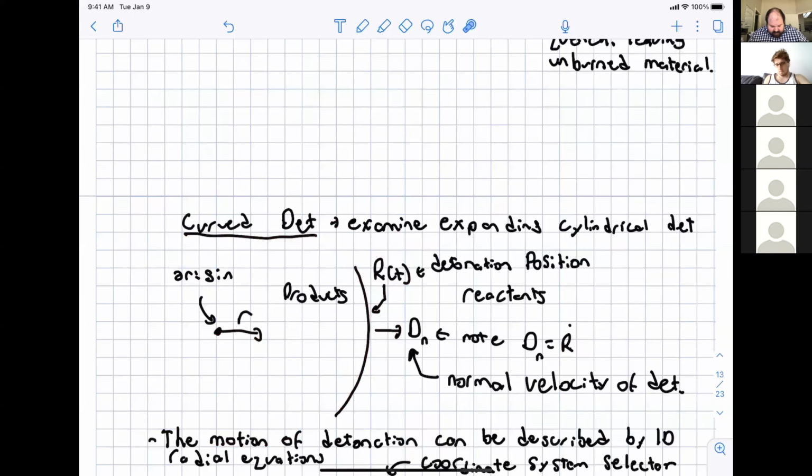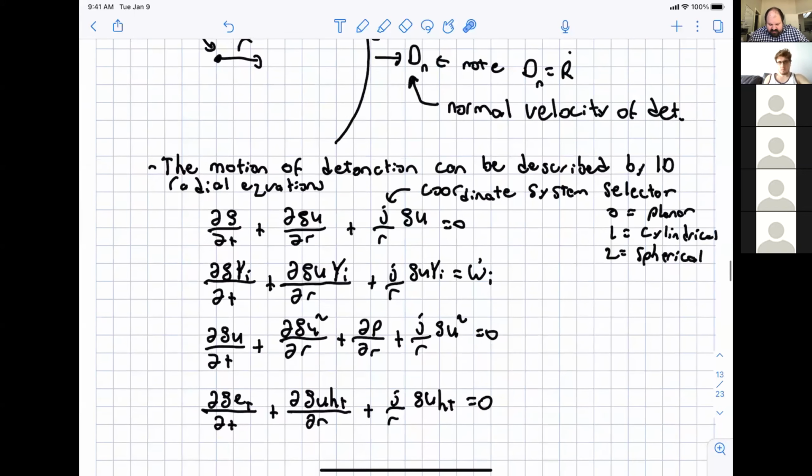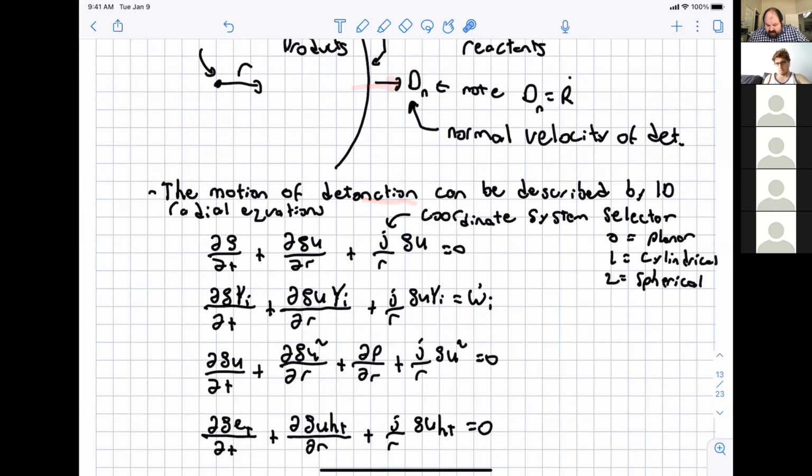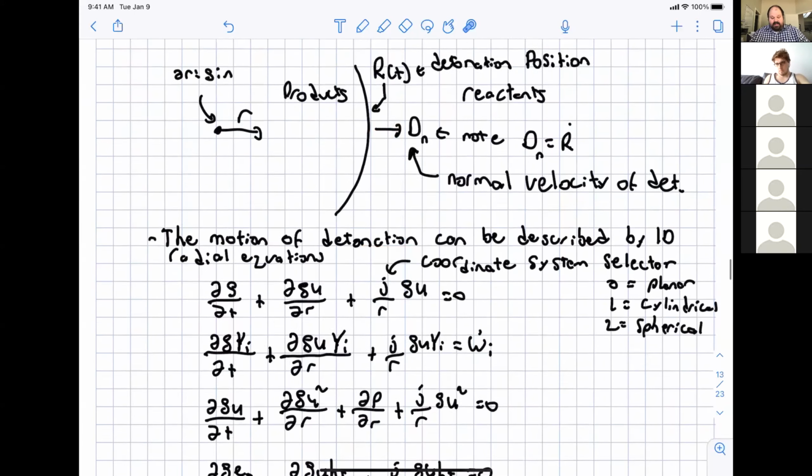Okay, so the motion of the detonation here can be described by the 1D radial equations. Here we do need to consider the time dependence, because you can't really have a steady radial flow, since there is zero flow at the origin.